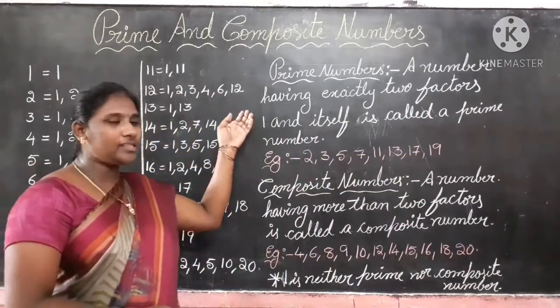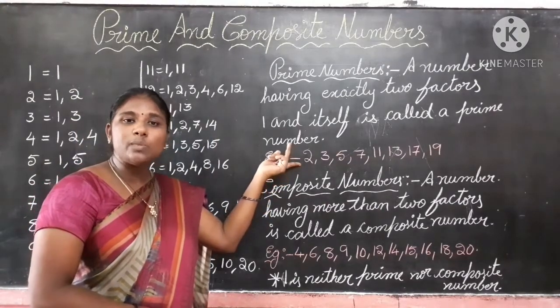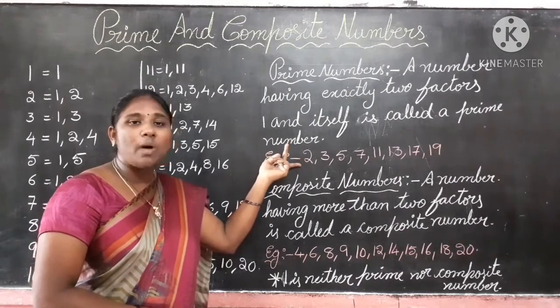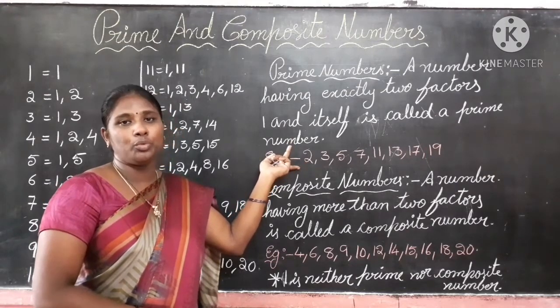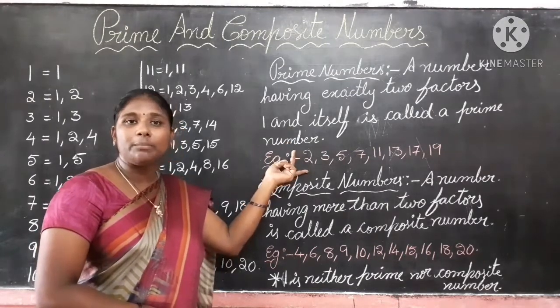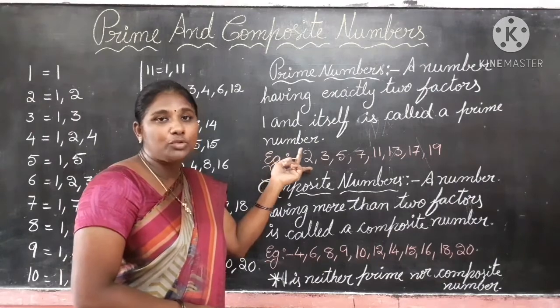Now, what is the smallest number here? 2. So the smallest prime number is 2. This 2 is also an even number. The smallest even number is also 2.